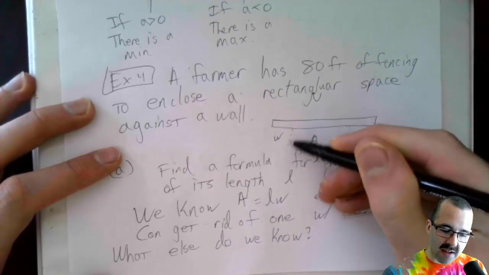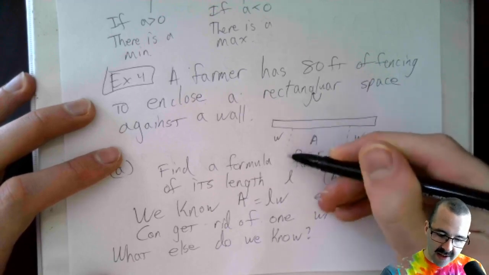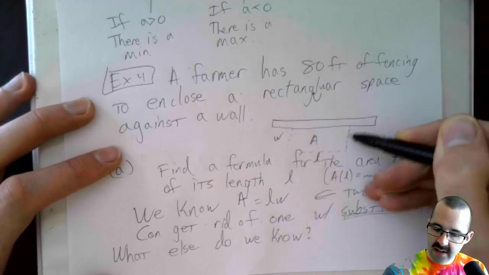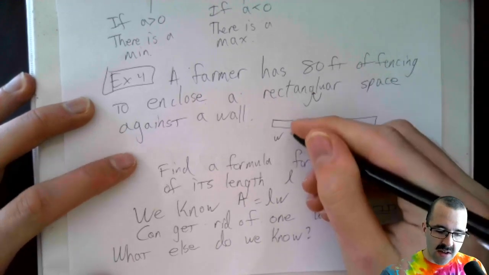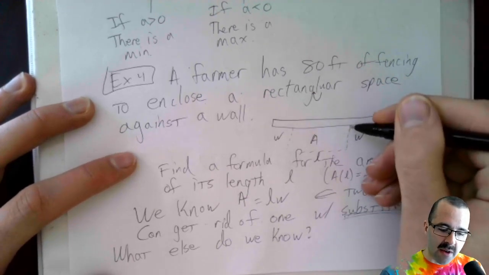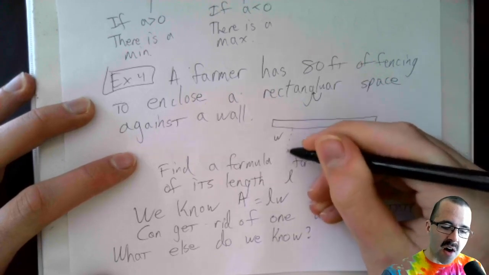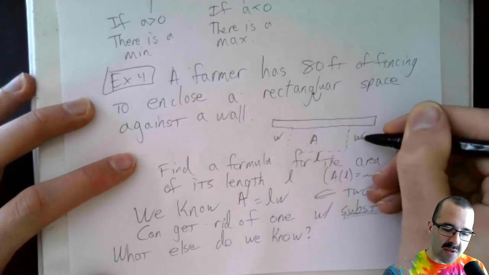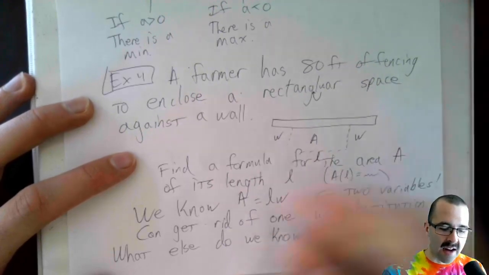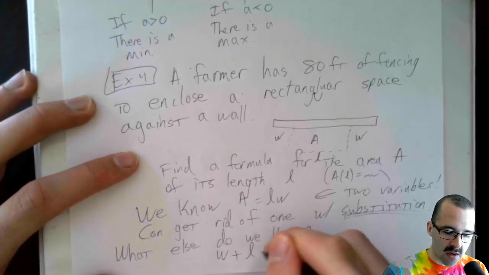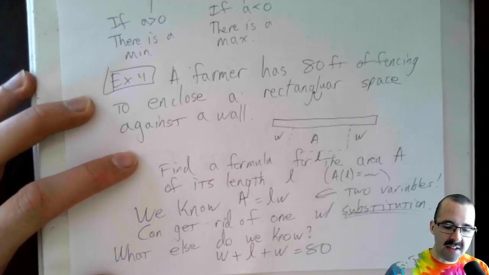These are our 3 sections of fence. We want that to use up the entire fencing length. So we're going to write that with math, that we want all of this to use up all 80 feet of fencing. So W plus L plus another W has to add up to 80 feet.